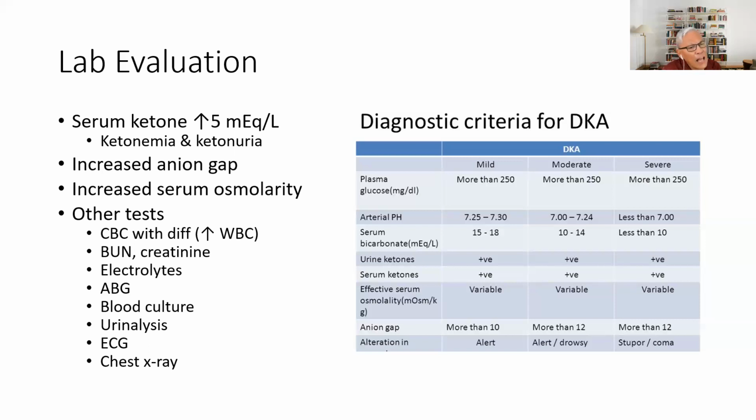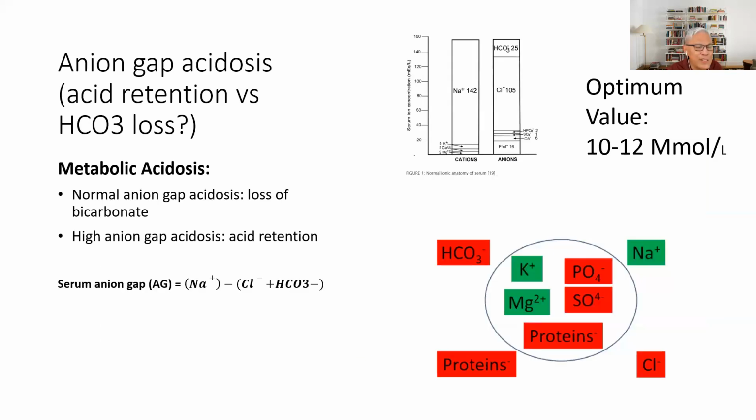All right, so let's return to the anion gap, because whenever you have a patient with diabetic ketoacidosis, it's imperative that you monitor this laboratory test. Okay, so the anion gap is going to be elevated in this particular situation. So let's go back to what this anion gap is, because this is a very difficult concept for beginning nurses to understand.